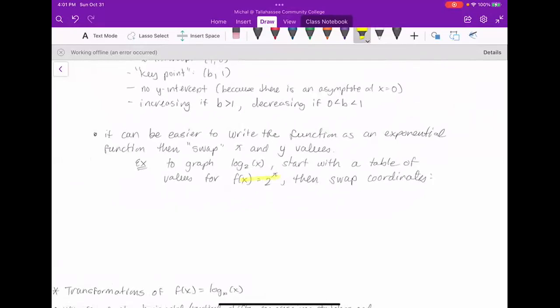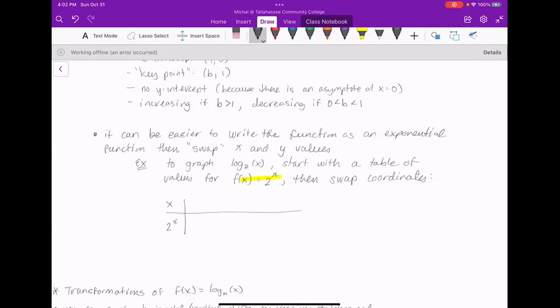So for me, if I have a base of 2 and I have my exponent of x, keep in mind this is the inverse function, so it's not log base 2 of x equals y. I have y equals 2 to the x, like it's the actual inverse option. That means that x is my exponent. Then what I'm going to do is make a little table of values for x and for 2 to the power x.